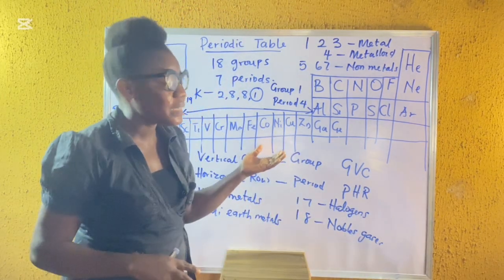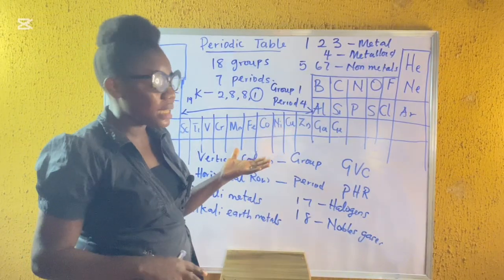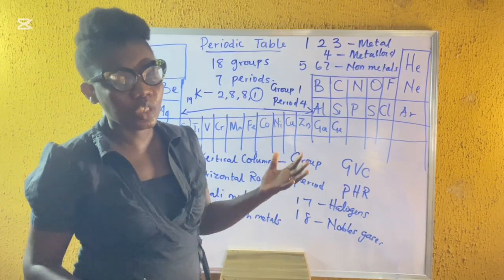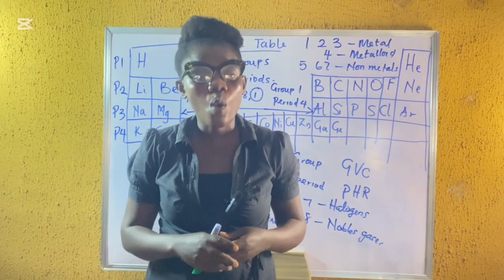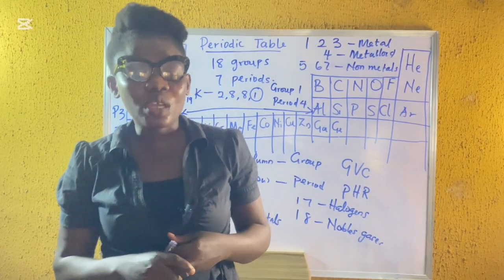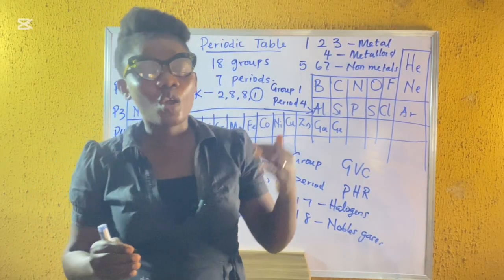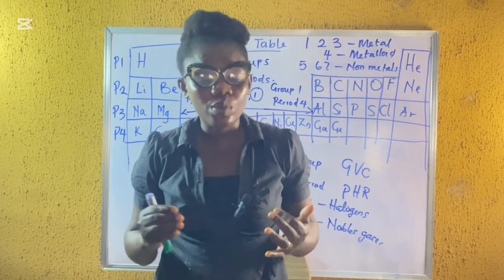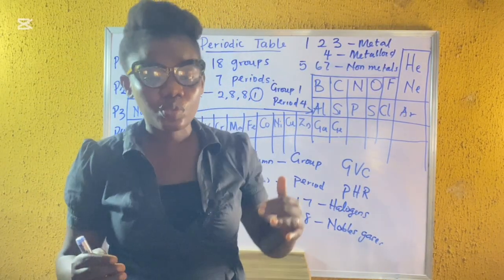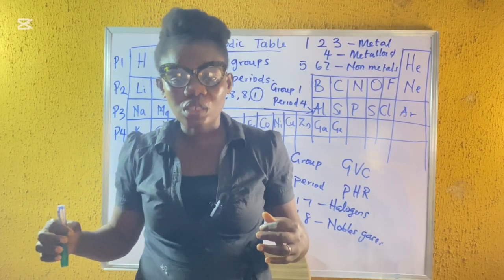Okay, there are some properties of the periodic table that we need to learn. And for us to learn the properties, there is a term called periodicity. So periodicity is a variation of the properties of the elements in the periodic table, which follows a regular pattern both down the group and across the period.